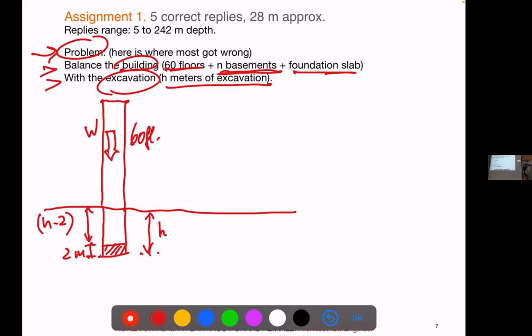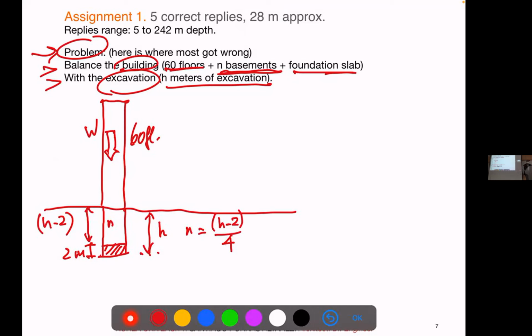You can correct me if I'm wrong. So the number of floors here will be H minus 2 divided by 4, because we said one floor is 4 meters. Do you follow me so far?